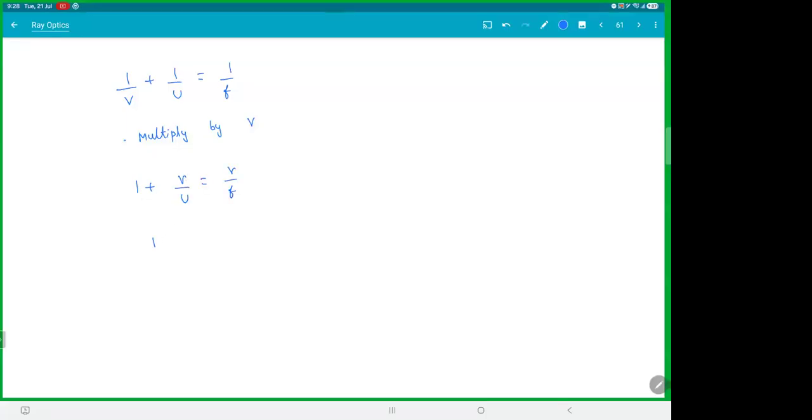This becomes magnification. And magnification is nothing but v by f minus 1. This is nothing but height of the image by height of the object.